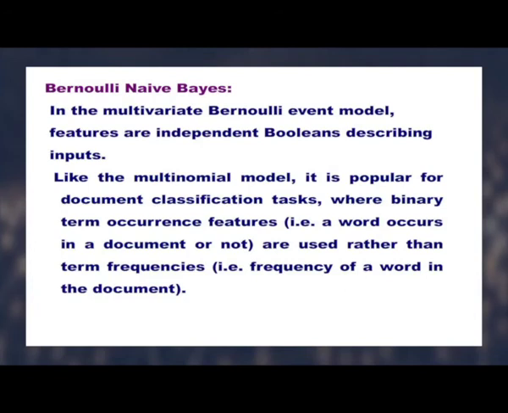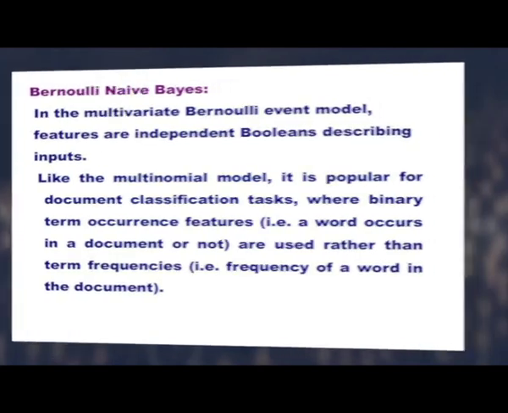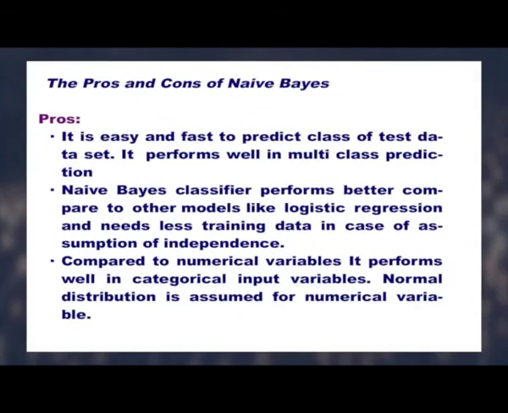Like the multinomial model, it is popular for document classification tasks where binary term occurrence features, that is, a word occurs in a document or not, are used rather than term frequencies, which is nothing but the frequency of a word in the document. Now we'll see the advantages and disadvantages of naive Bayes.